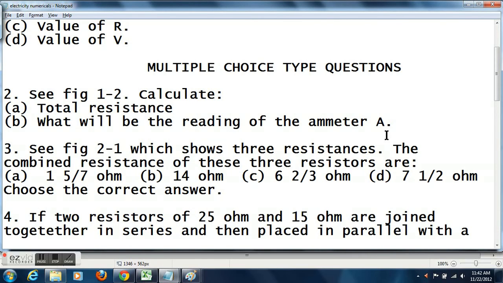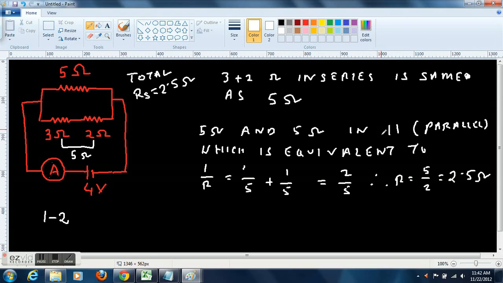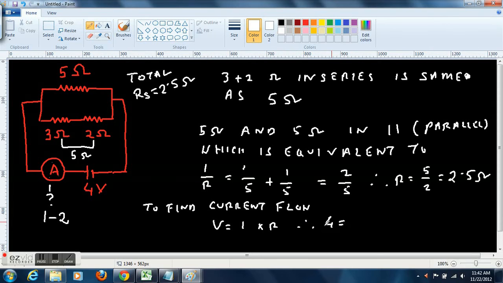Now what will be the reading of the ammeter? Reading of the ammeter means what is the current flow. If the current flow is I, to find the current flow, we use the formula V equal to I into R. Here V is 4 volt, I is unknown, and total resistance is 2.5.